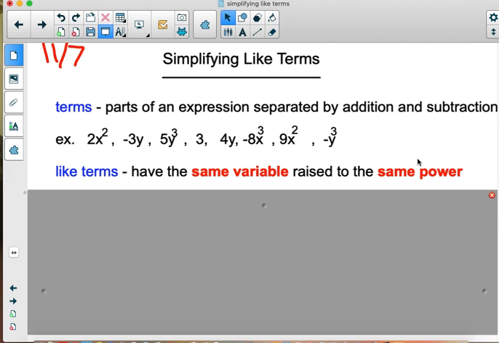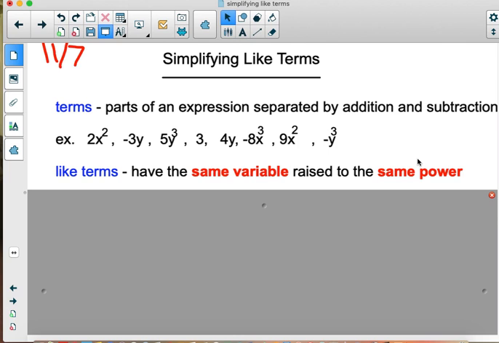Alright, so by the end of today, I'm expecting you to be able to identify like terms, and then I expect you to be able to combine like terms if you can identify them. So a term is a part of an expression, and they're separated by addition and subtraction symbols. So these are all examples of a term, like 2x squared, that's a term.